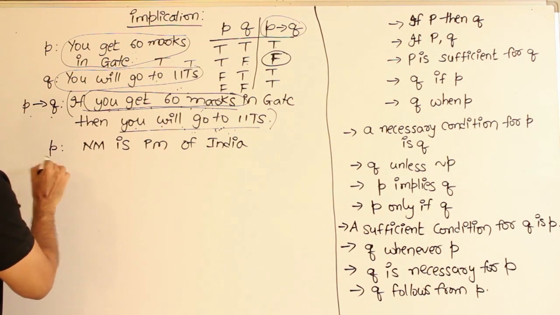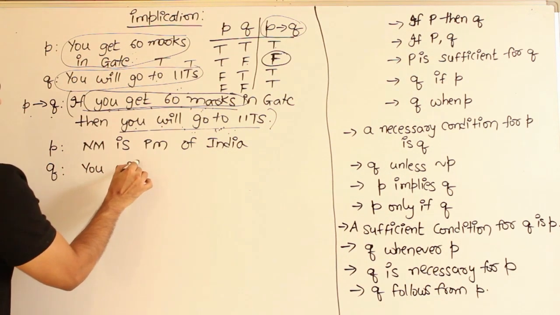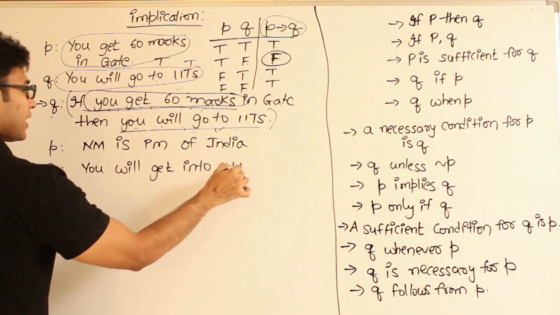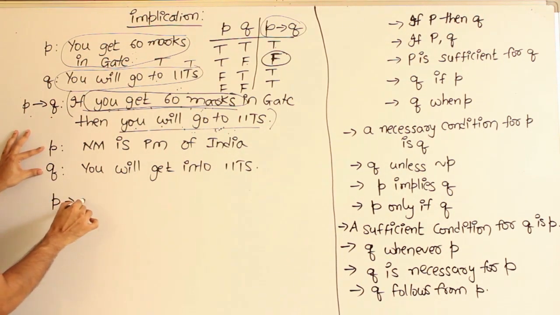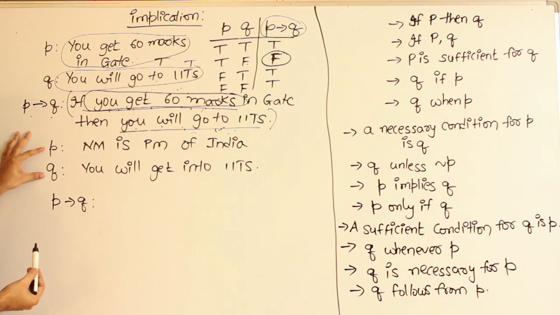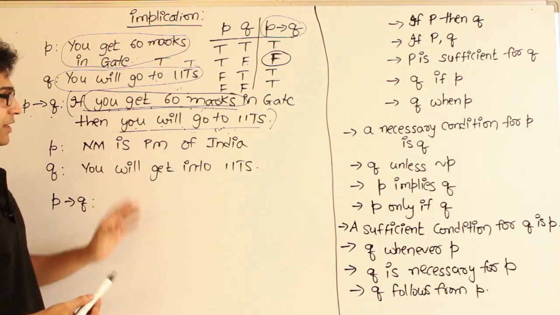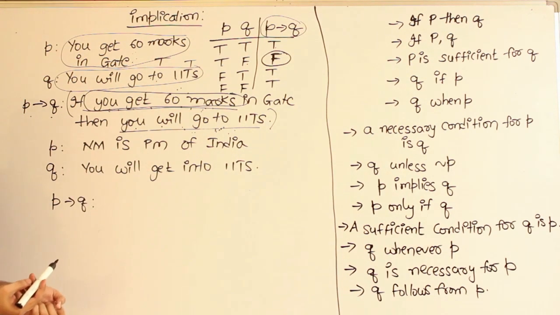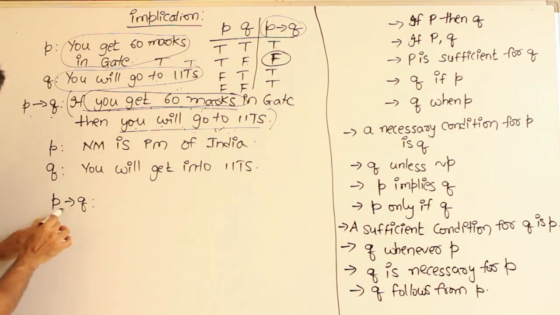Let us say Q is a statement: You will get into IITs, right? Now, if I write P implies Q, it is meaningless in English, isn't it? If Narendra Modi is PM of India, then you will get into IITs is completely meaningless. But coming to this logic, it is meaningful, right? And depending on what are the truth values of this, you can decide about what happens to this.